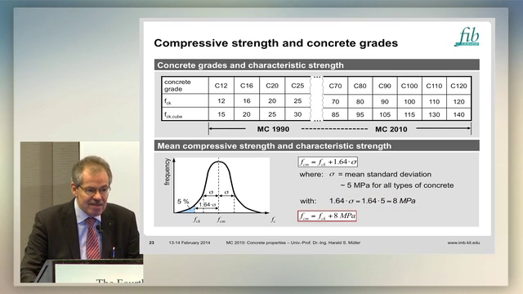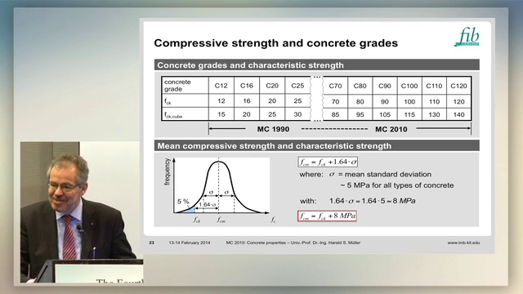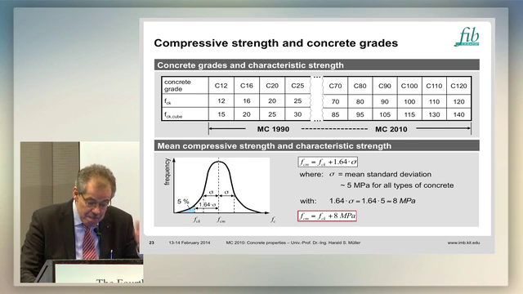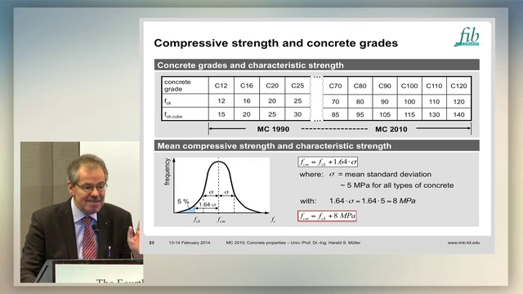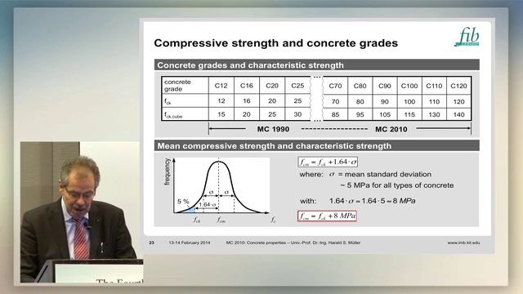And this is the reason why in Model Code 2010 and also in Model Code 2019, there is given the basic equation saying the mean compressive strength is the characteristic compressive strength plus 8 megapascal. The background is the mean standard deviation for all types of concrete is roughly 5.